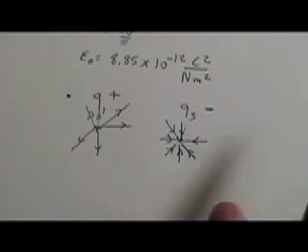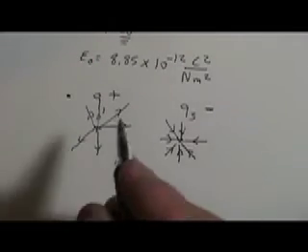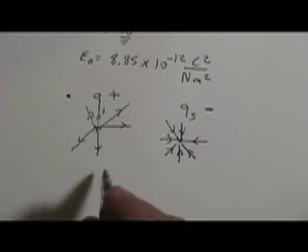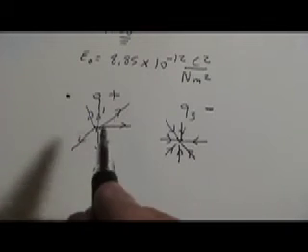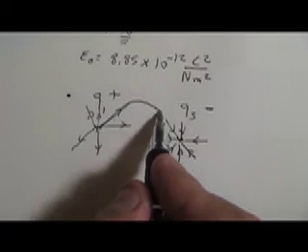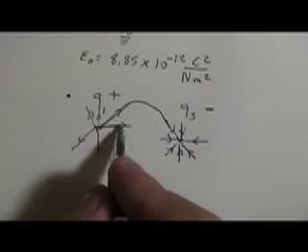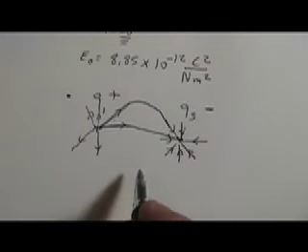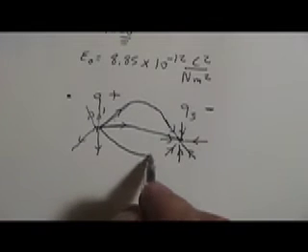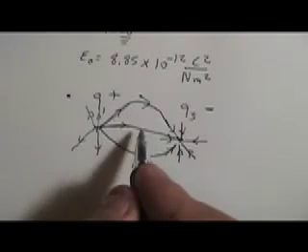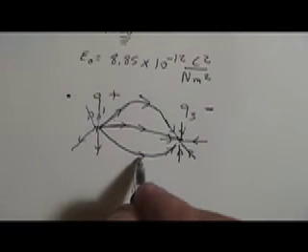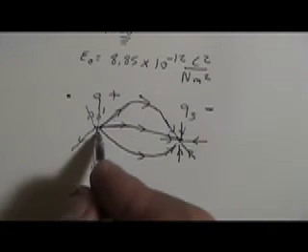So the field will be coming out of Q1 and going to Q3. And you can see this one coming out, going like that to Q3, and here this one like that. So you have this field between the two charges.